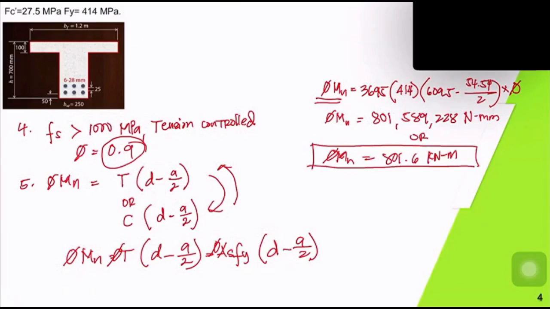Ibig sabihin, yan lang ang kayang hawakan ng beam. If the actual moment na kinikerry ng beam mo is greater than this moment, babagsak yung beam mo. And ang first na magpe-fail is the steel, because the steel yields, no?